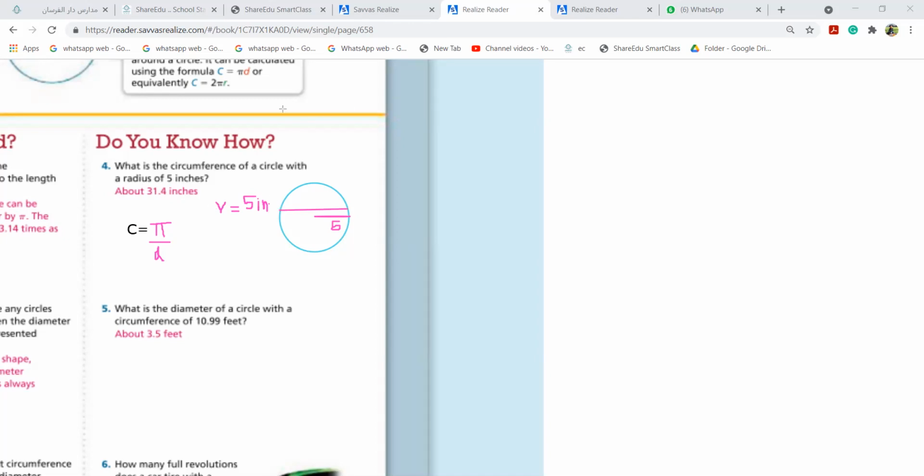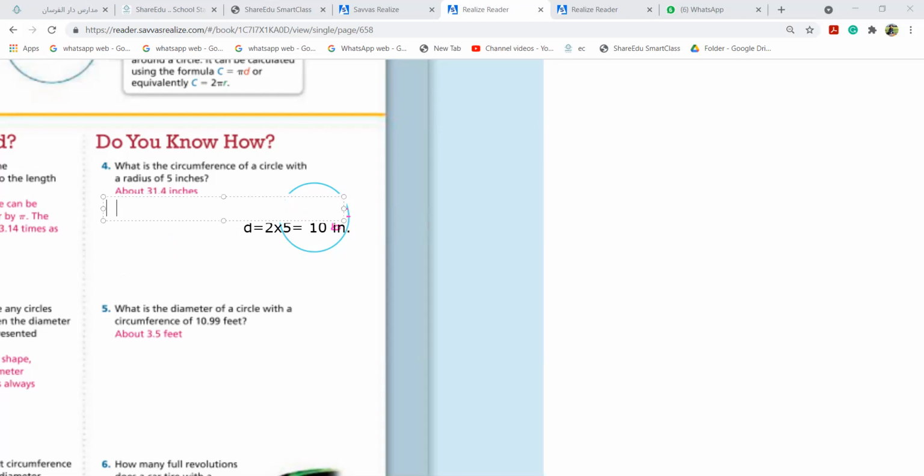Diameter equals 2 times 5, that is equal to 10 inches. So now that means you know the concept. It's not pi over d. This is wrong. It has to be pi d.